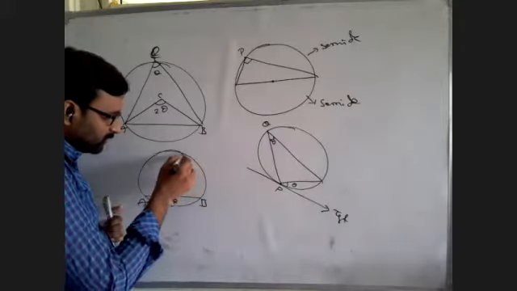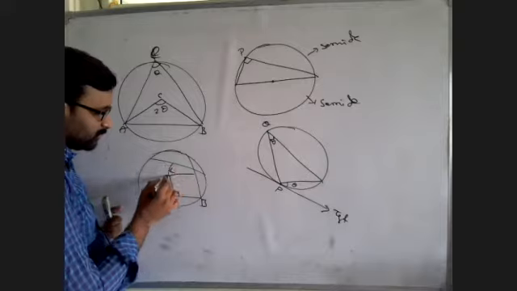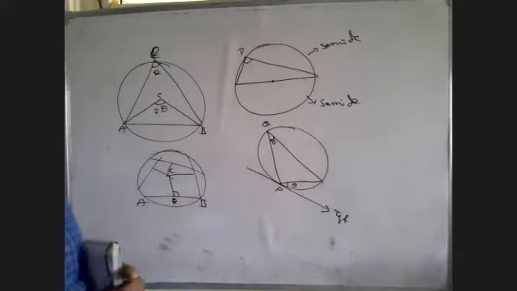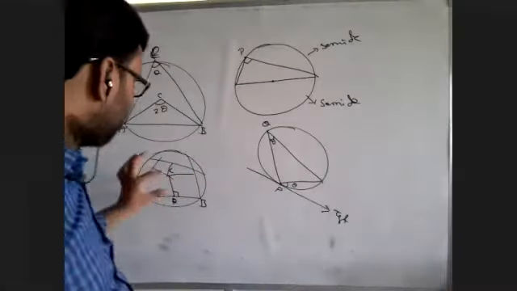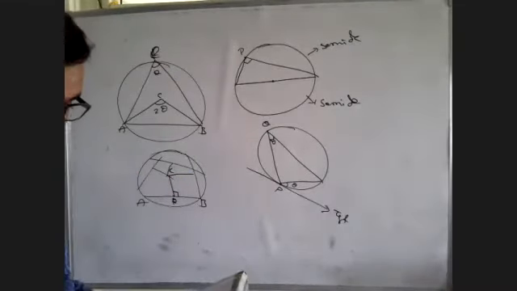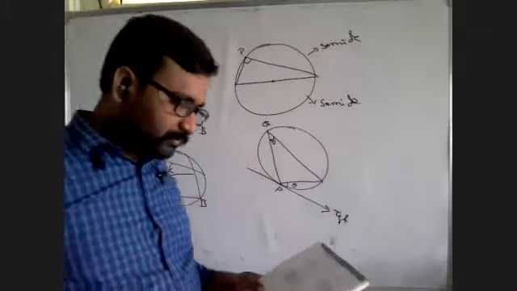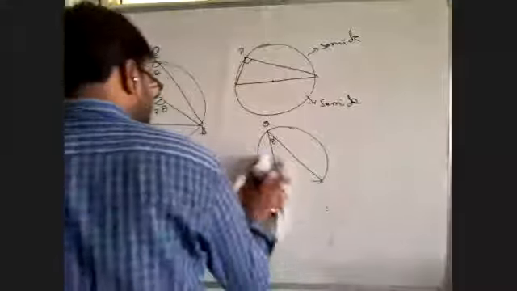Wherever, if you take here also, this is perpendicular. Here also, this is perpendicular. Here also, this is perpendicular. Like that. So the line segment obtained by joining the chord midpoint to the center is perpendicular to the chord, that is the condition.